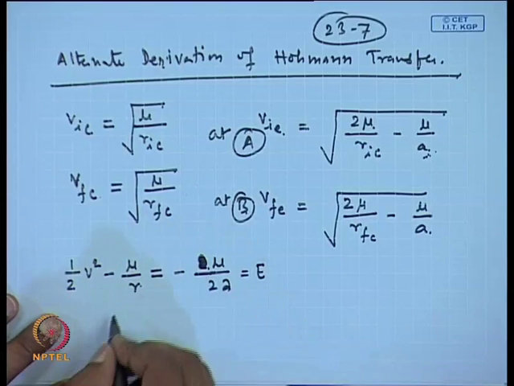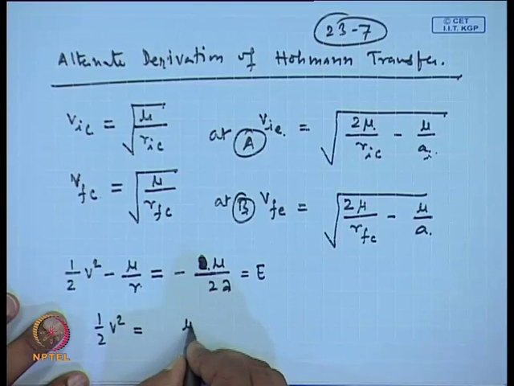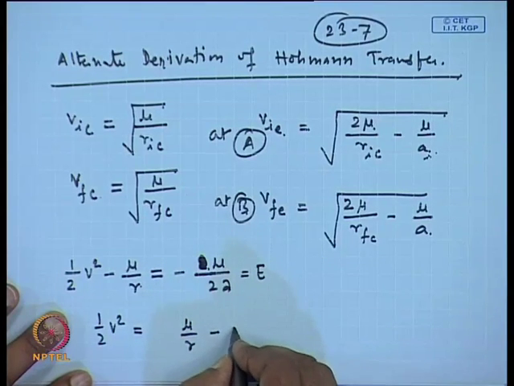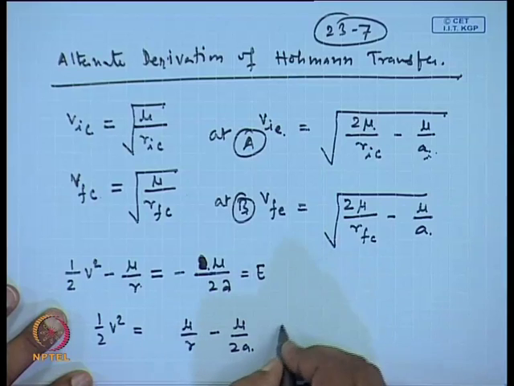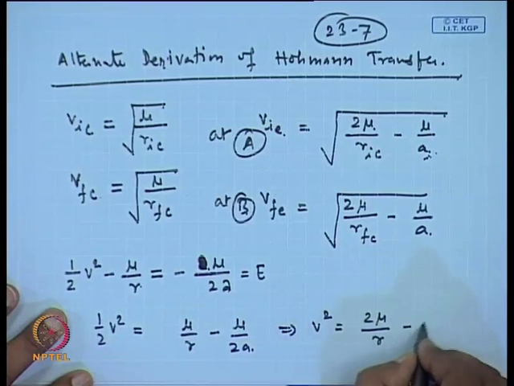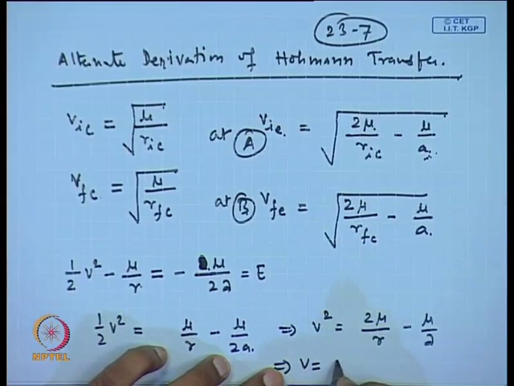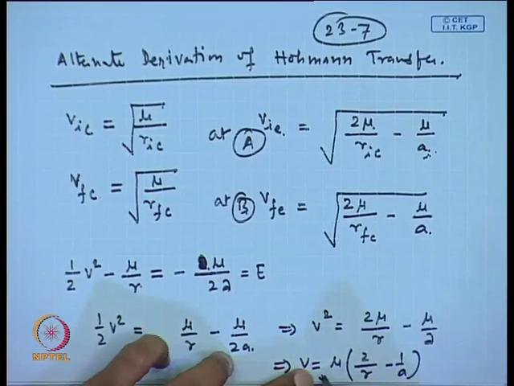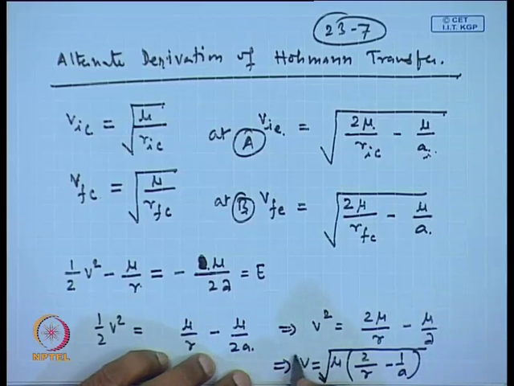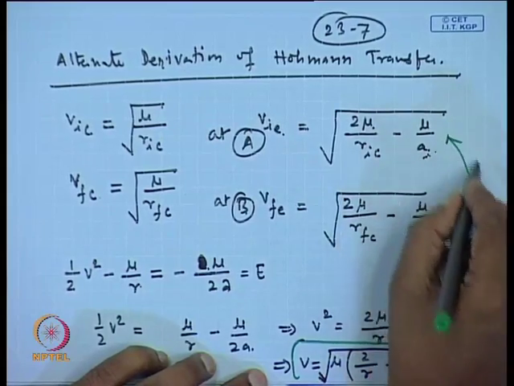So, from here we can write 1 by 2 V squared is equal to mu by r minus mu by 2a, and this implies V squared is equal to 2 mu by r minus mu by a, and therefore V equals square root of mu times 2 by r minus 1 by a. So, this is the equation that we are using in both these places.